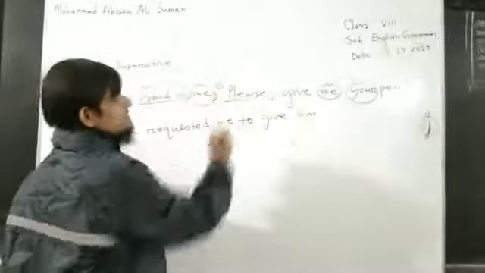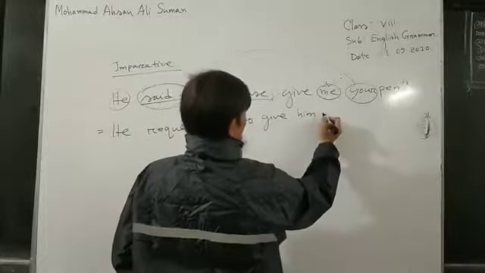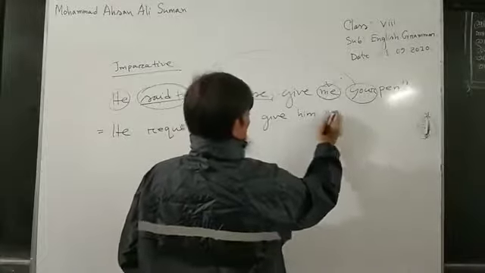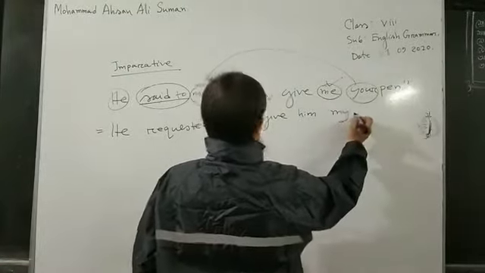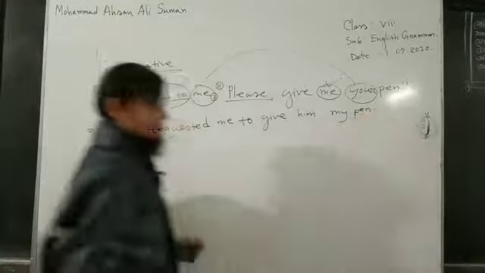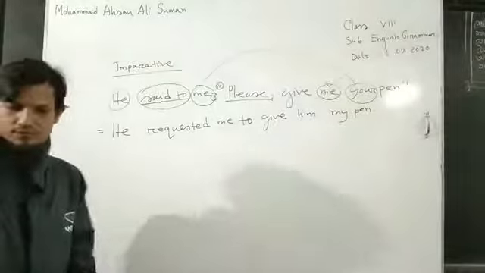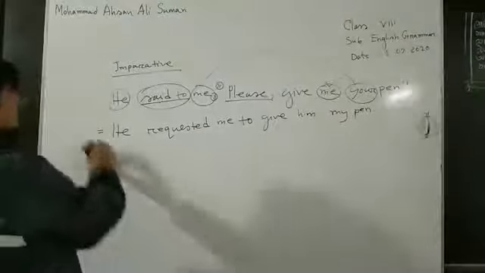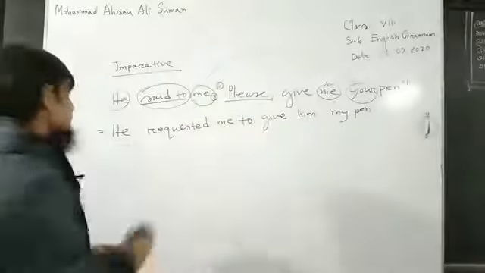The possessive case of me is my. So we have to write my. To give him my pen. So he requested me to give him my pen.